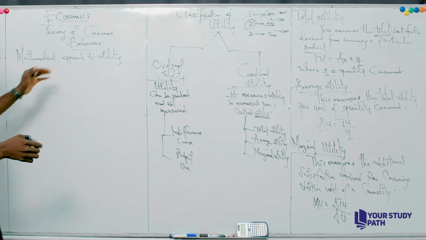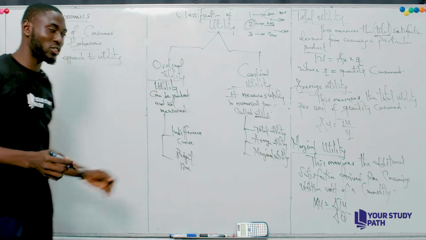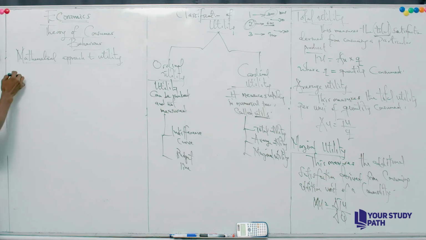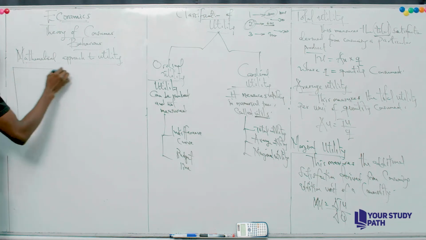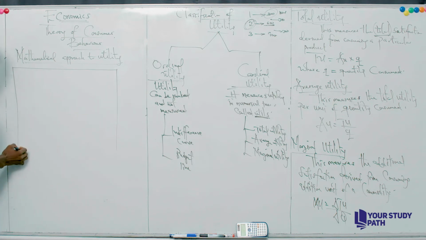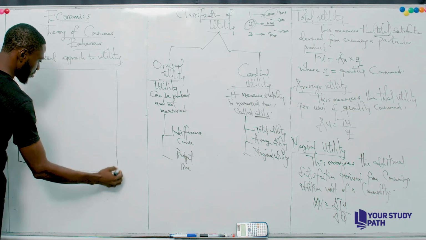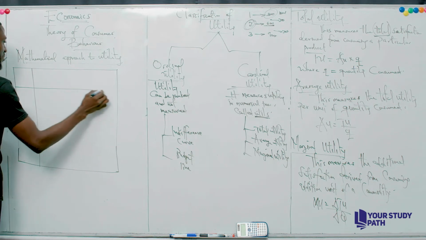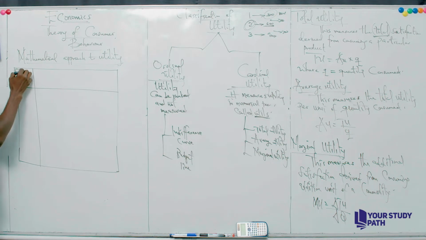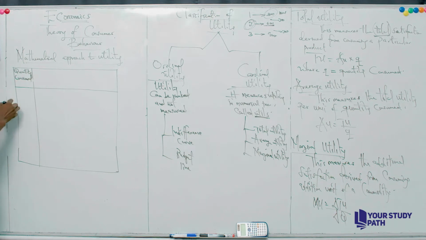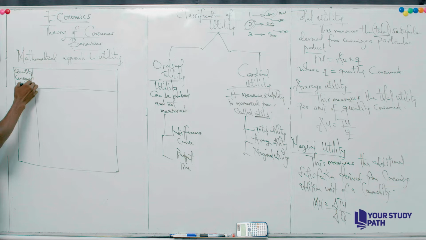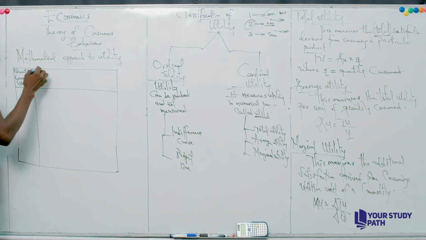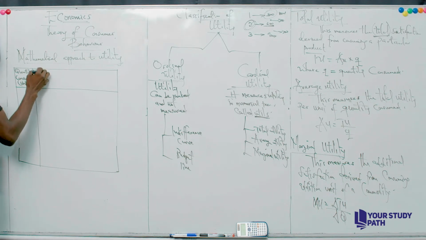Now, seeing that we have the total utility, average utility, and marginal utility, we are going to be having a table. So this is my quantity consumed, so therefore we know they are in units. Then we'll be having my total utility.